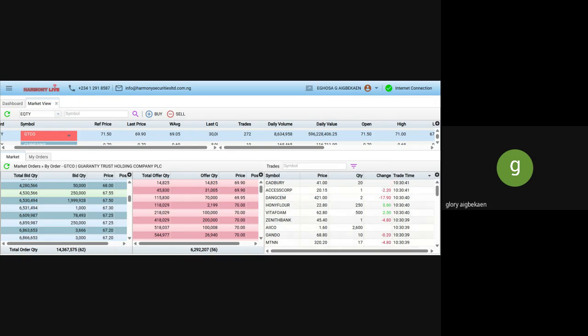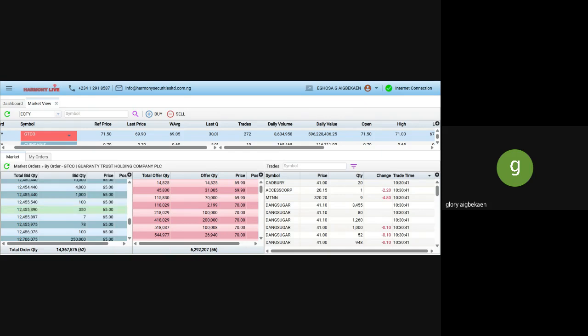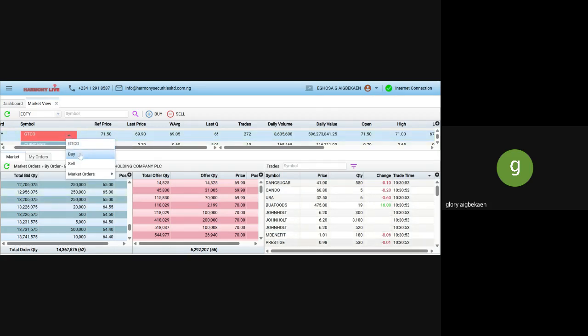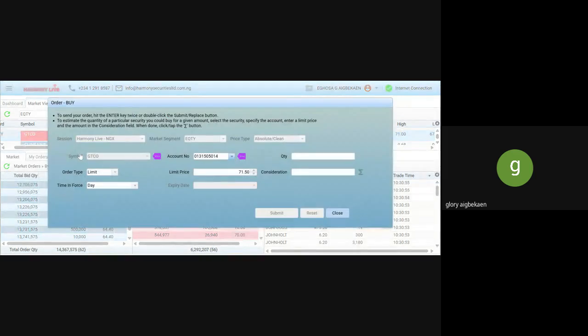So you look at it and say, okay, based on my valuation, you can see that 64.35 naira is the lowest anybody can beat for the day. You can't beat lower than that. You can say based on my valuation, 65 naira is more like it. So I'll come here and say, okay, let's do 65 naira buy.